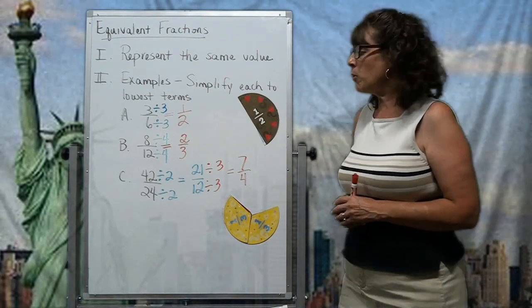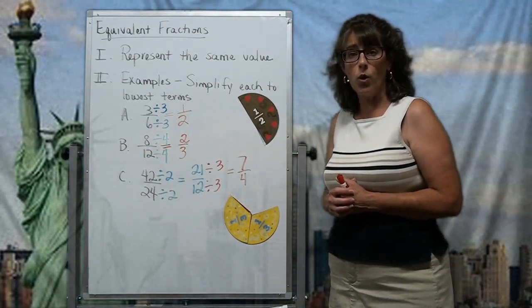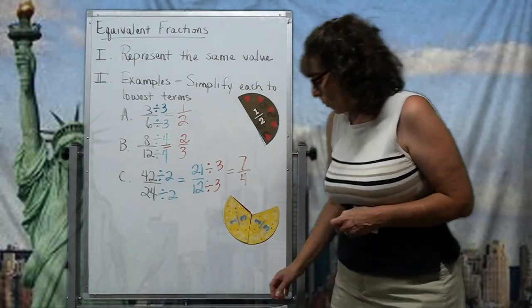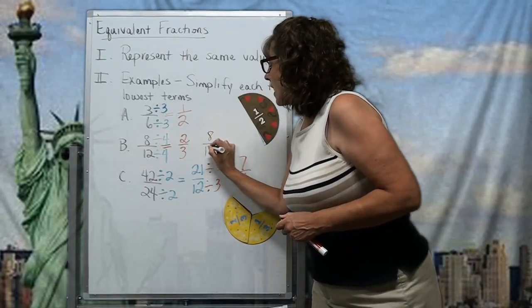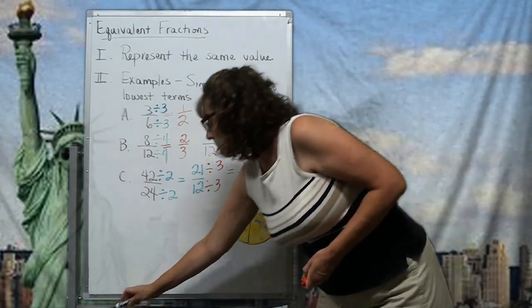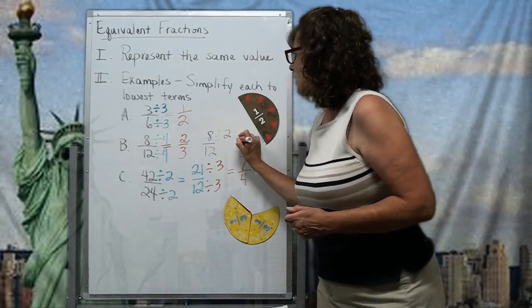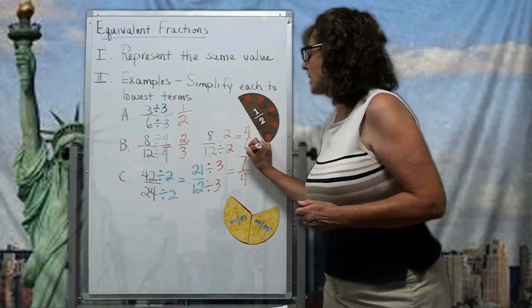Now, I do want to point out, what if up here on that 8/12, what if you didn't think of the 4? What if, like down here, I only thought of the 2? Well, if that's the case, when I take that 8/12 and I divide numerator and denominator by 2, divide the 8 by 2, I get a 4. Divide the 12 by that very same 2, and I get a 6.